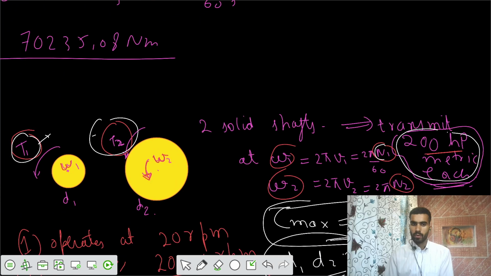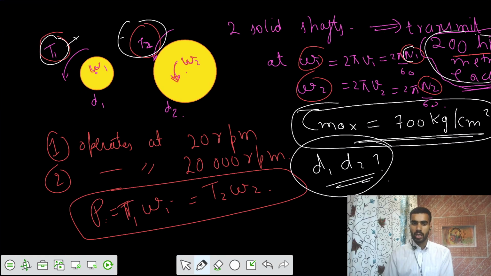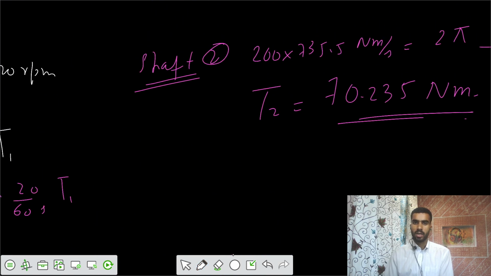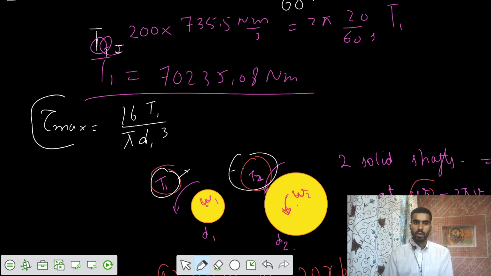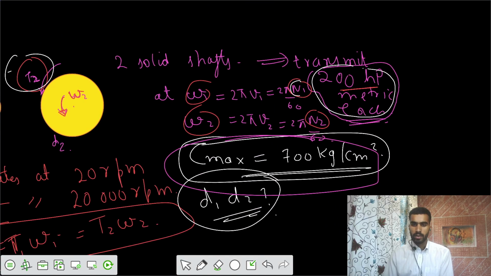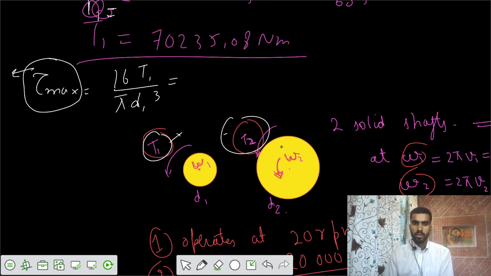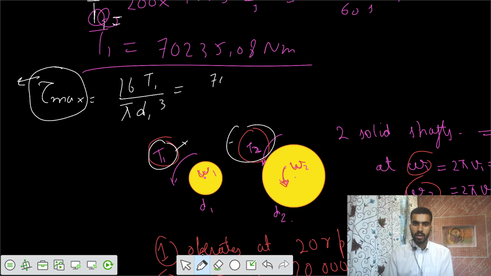Now, if you need diameter 1 and diameter 2, you have the shear stress equal to 700 kg per centimeter square. So you can write tau max equals 16T upon pi d1 cube. Your tau max is the same for the two materials, so that equals 700 kgs per centimeter square.